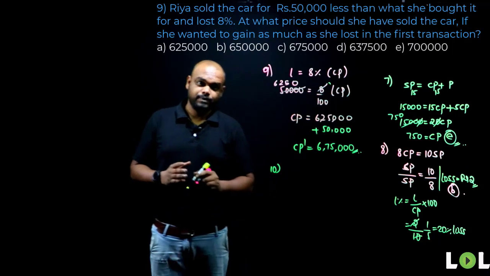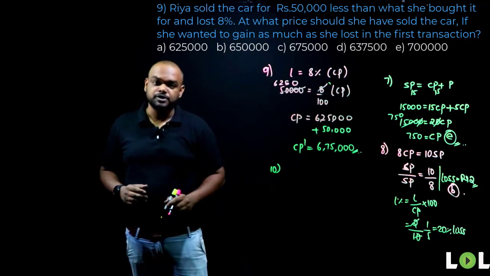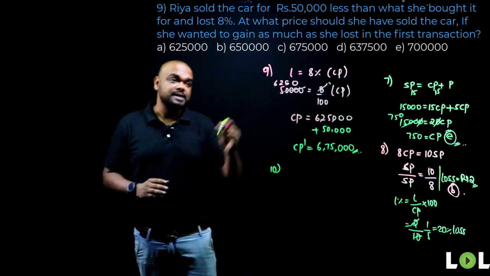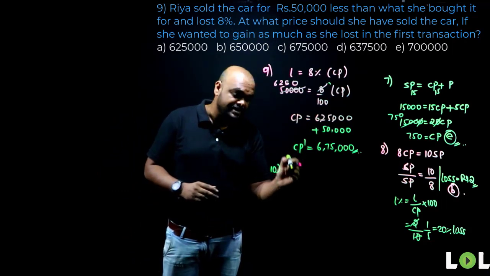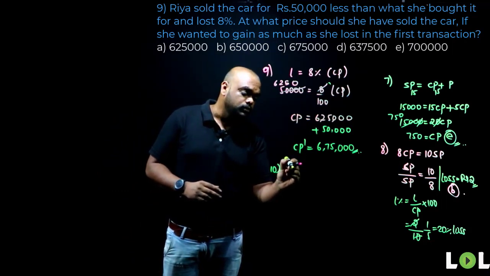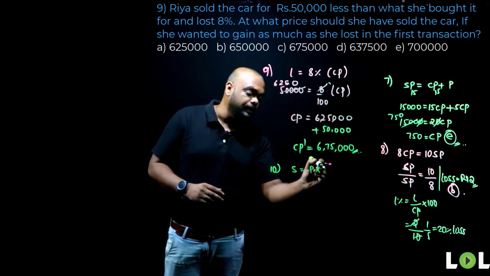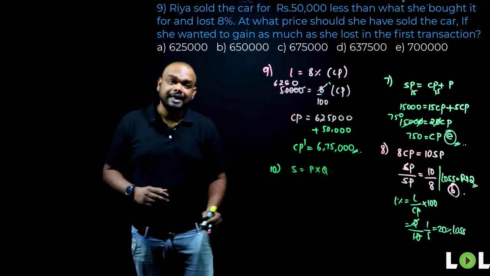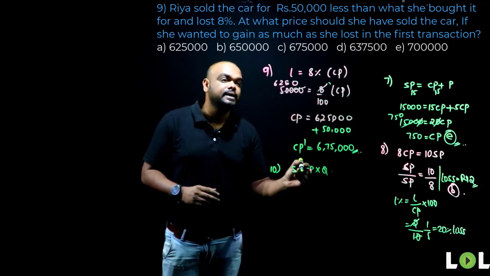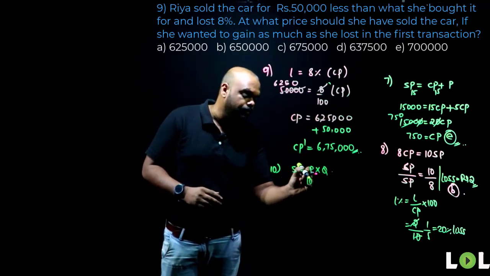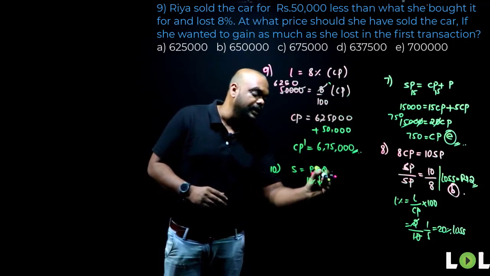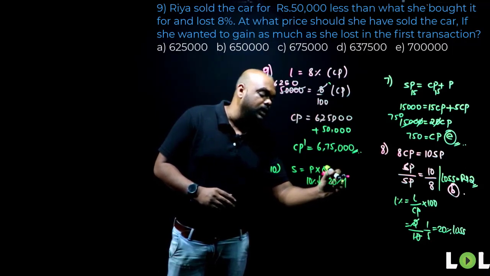Why? Look, this is a concept of successive percentage. You must understand. Look, the total sales is equal to price into quantity. He told price is decreased by 10% and quantity sold is increased by 20%.